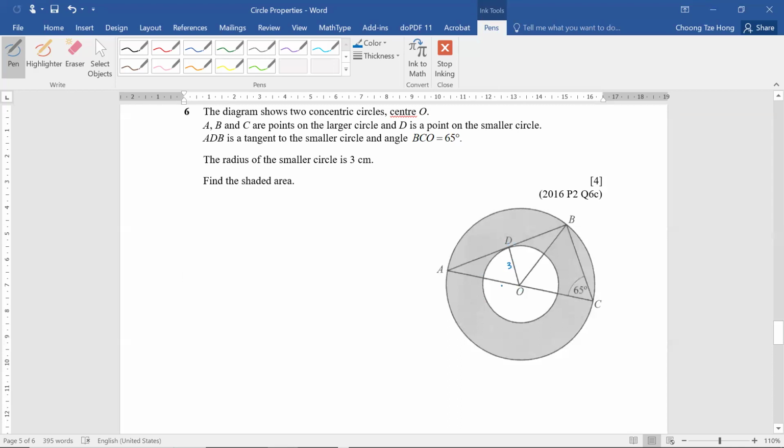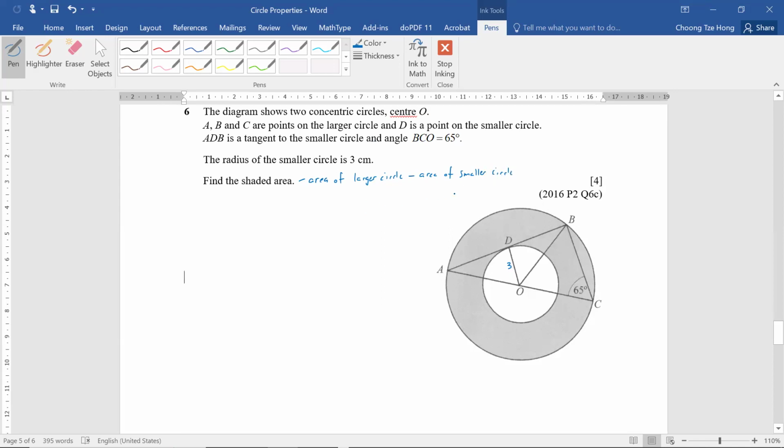It's quite obvious that the shaded area would be the area of the larger circle minus the area of the smaller circle. We know that the area of a circle, the formula is pi r square.